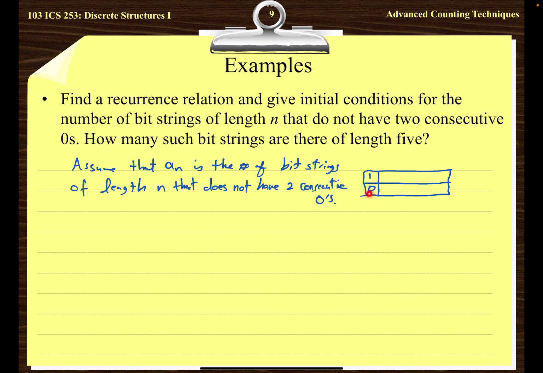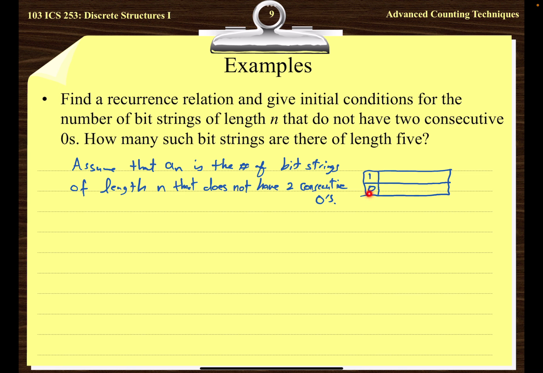Okay. Now, let's look at the bit strings that start with a 1. How many bit strings that start with a 1 do not have two consecutive zeros? Hint, use recursion, or the recursive definition.